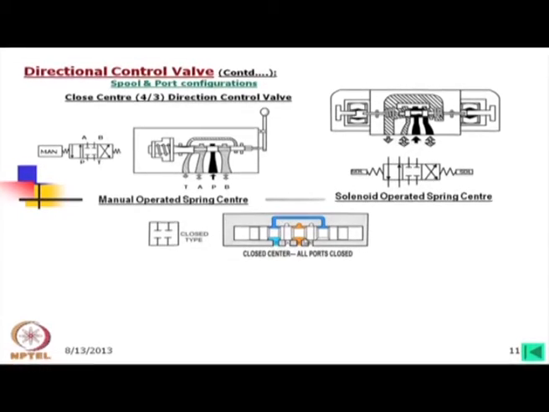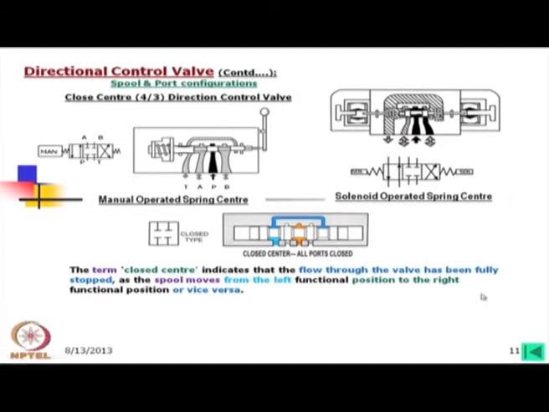Now, if we move to the left side, then P will be connected to A and B will be connected to the drain, so oil from the other side will go back to the tank. If we move to the right side, then the pressure port will be connected to B and A will be connected to the tank side. So, this is closed center, all ports closed at neutral position.